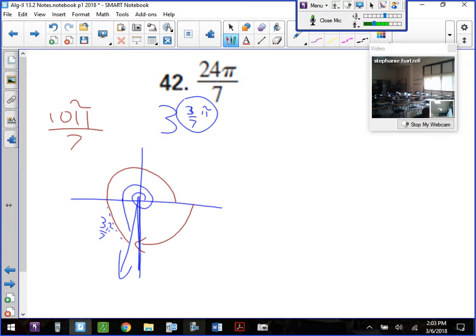If I think about it, a full revolution of negative pi would be here. But I need to back it out 3/7. So technically this would be negative 7 pi over 7. I went the whole way to here to be negative pi, but I had to move it down 3/7. So my negative coterminal would be negative 4 pi over 7.